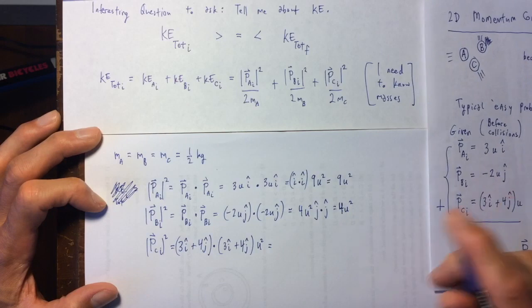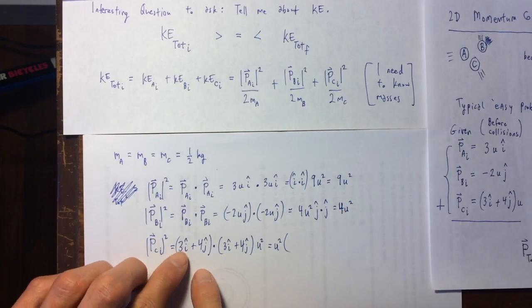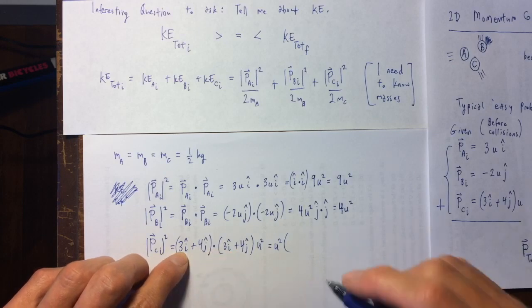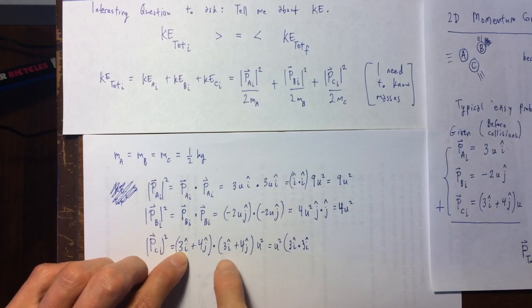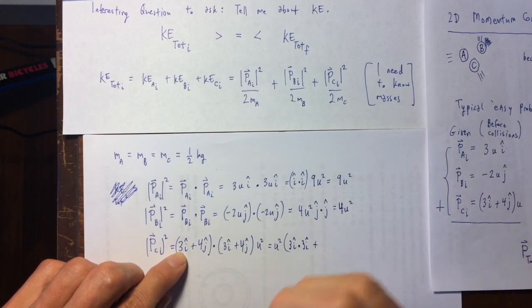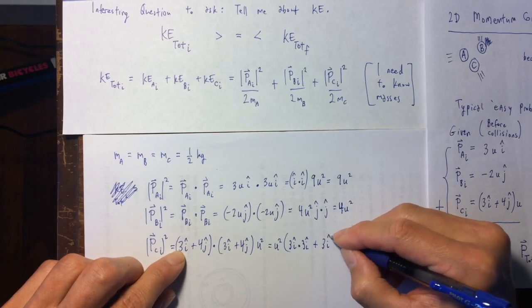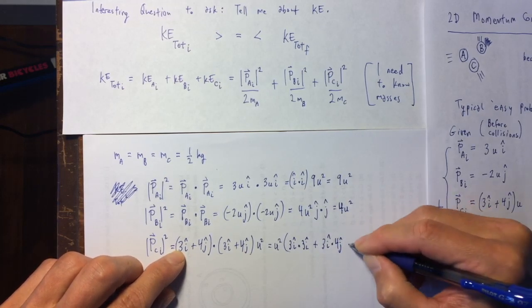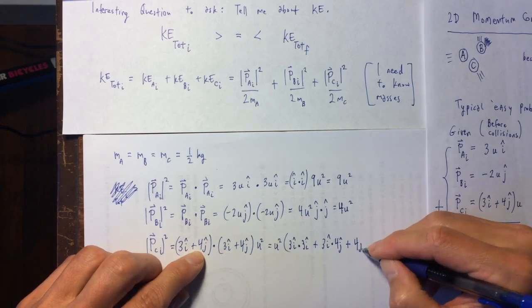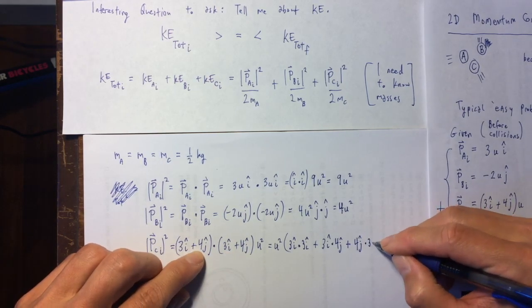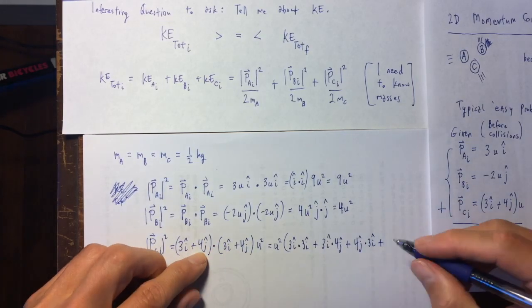So maybe I'll put it first, and then it goes 3 i hat dot 3 i hat plus 3 i hat dot 4 j hat plus 4 j hat dot 3 i hat plus 4 j hat dot 4 j hat.